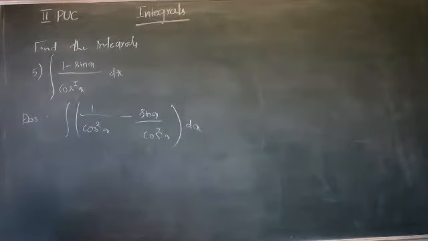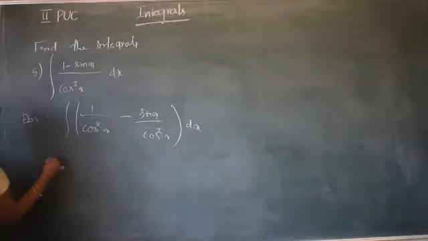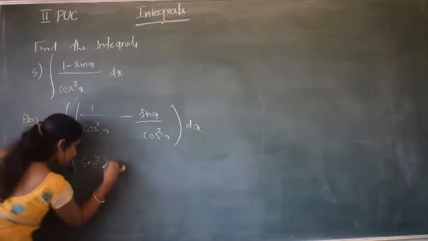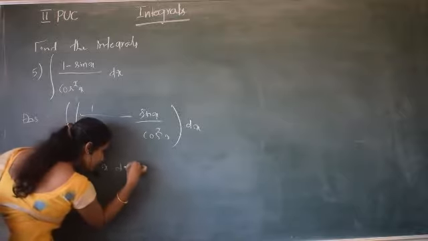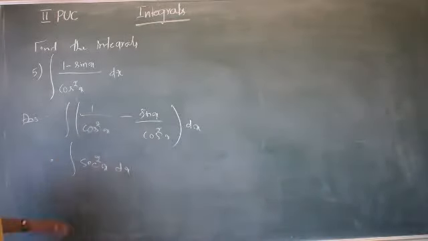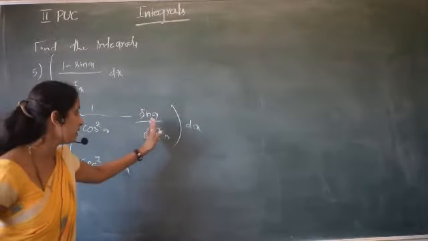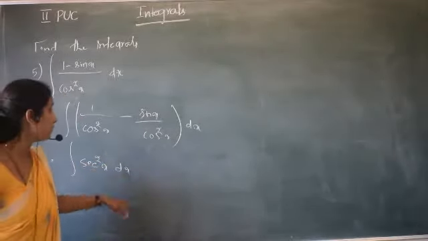Then, what is 1 by cos square x? We know that 1 by cos and secant are reciprocal functions. So 1 by cos is secant x, so 1 by cos square x is secant square x dx. I can split the integral also: for f of x minus g of x, the integral of f of x minus the integral of g of x.